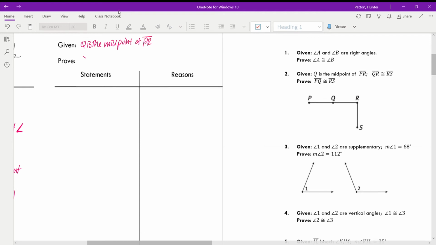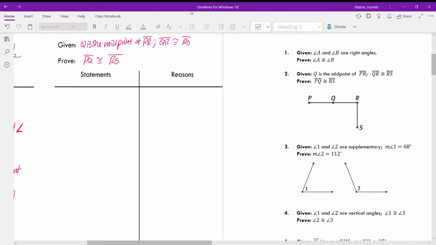That's one given. We also know that segment QR is congruent to segment RS. We want to prove that segment PQ is congruent to segment RS.